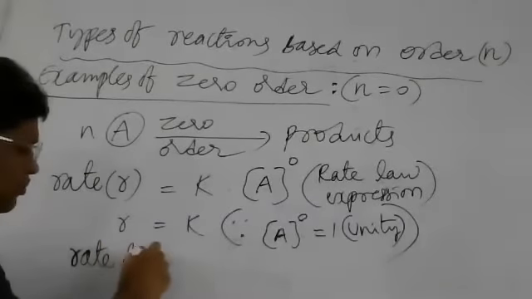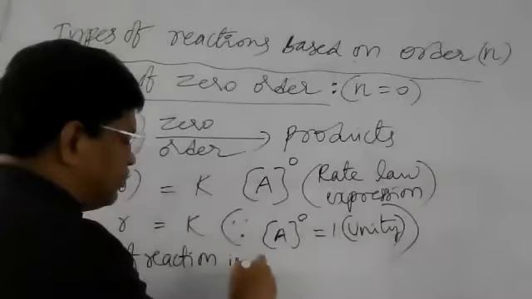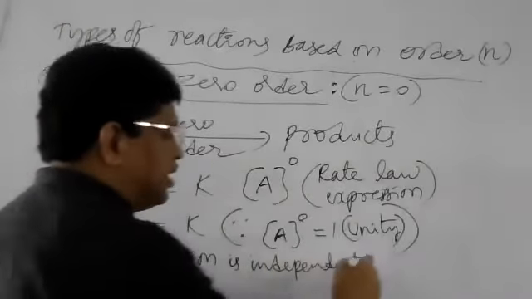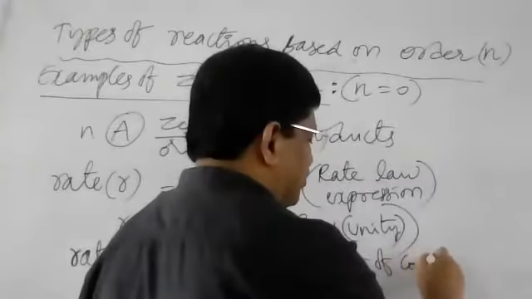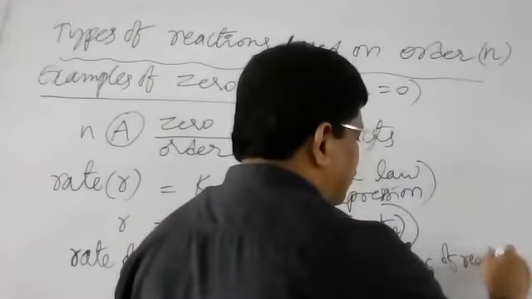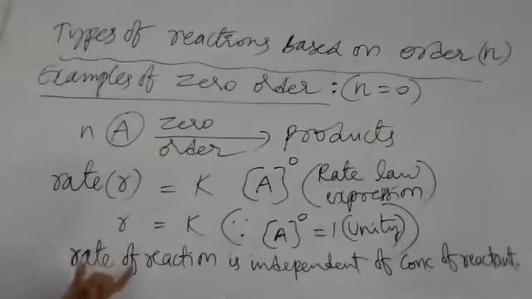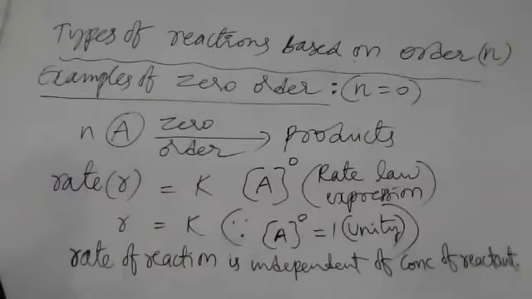Rate of reaction is independent of concentration of reactant. Is that concept clear? So rate of reaction is equal to rate constant of reaction. So zero order reaction. Is that clear?